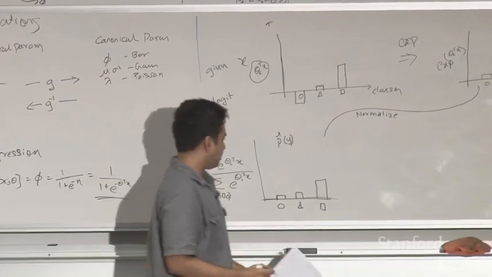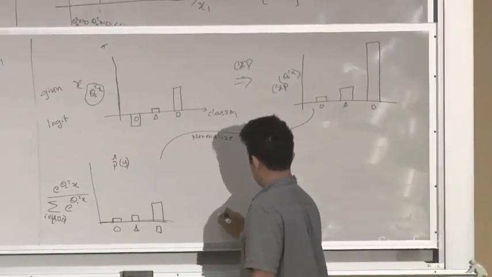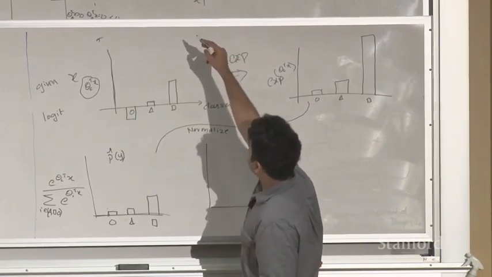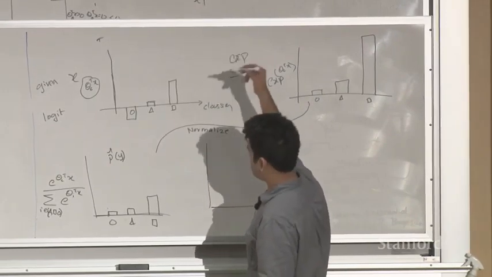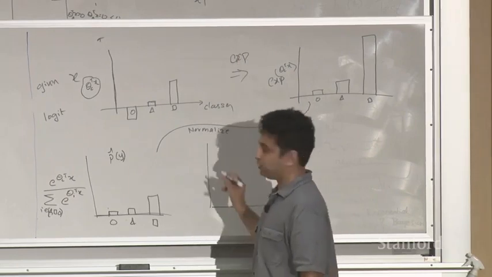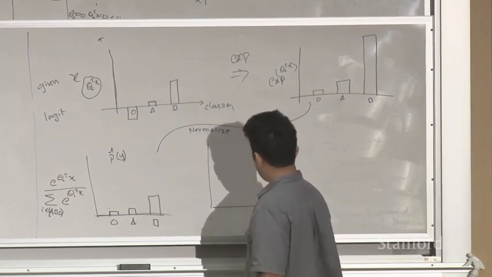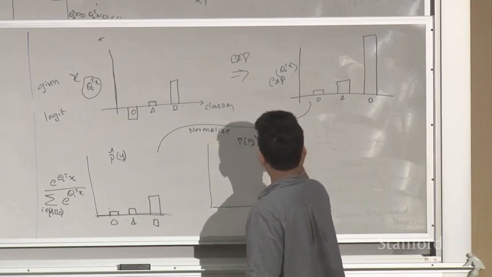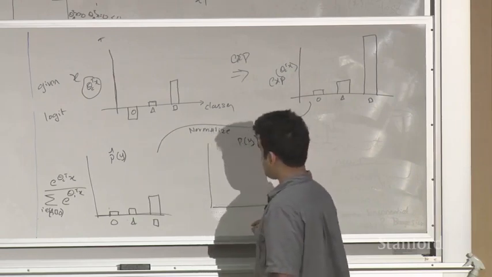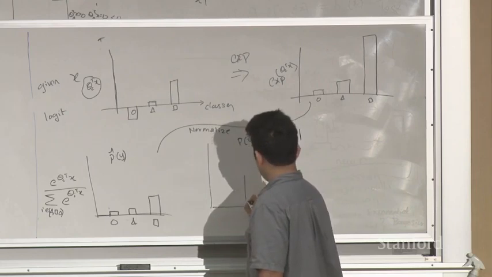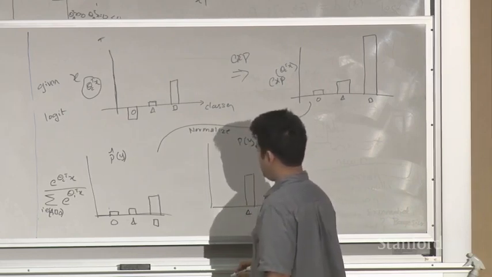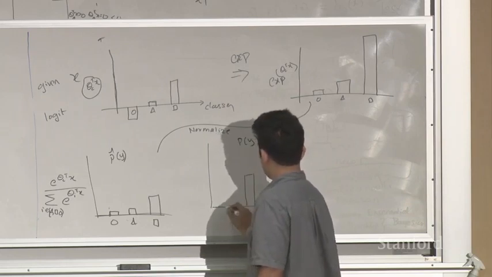And now the true y would look something like this. Let's say the point over there was a triangle for whatever reason. Then the p of y, which is also called the label, you can think of as a probability distribution which is 1 over the correct class and 0 elsewhere.